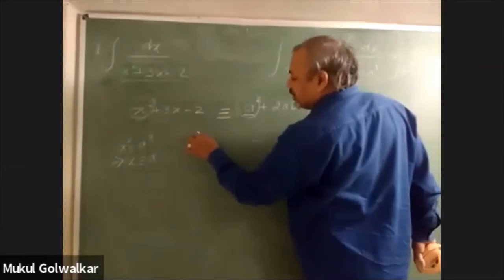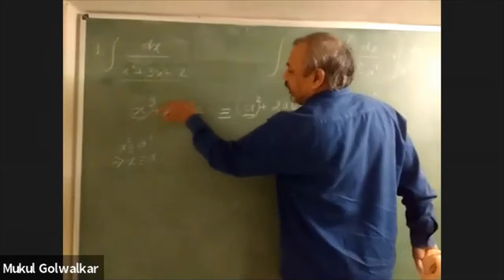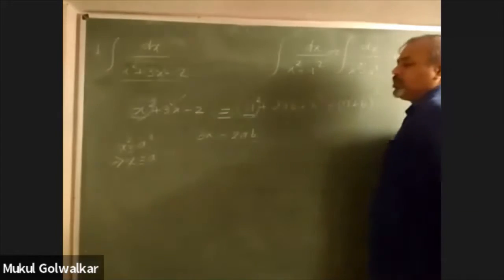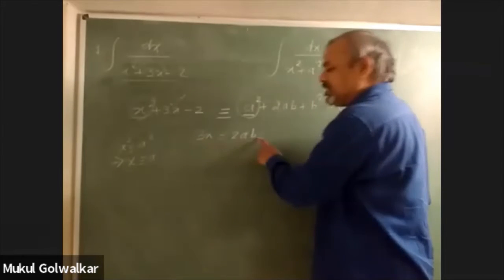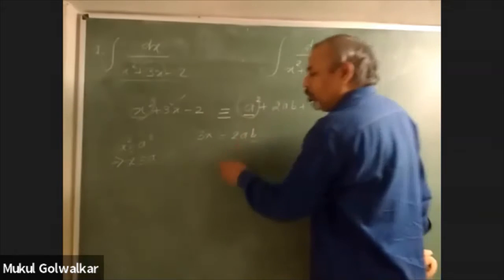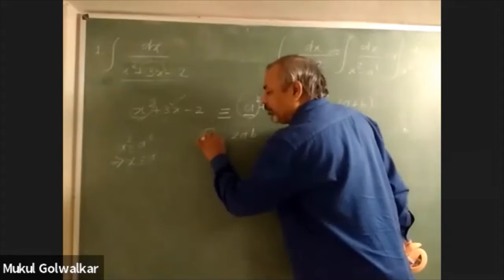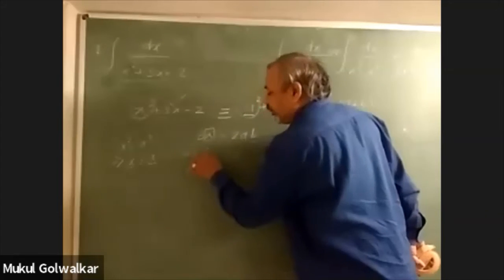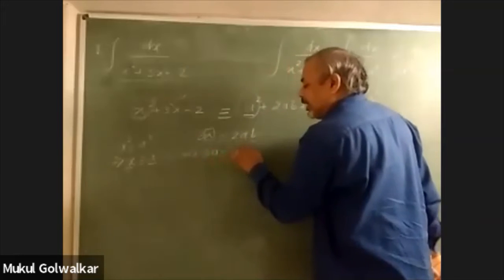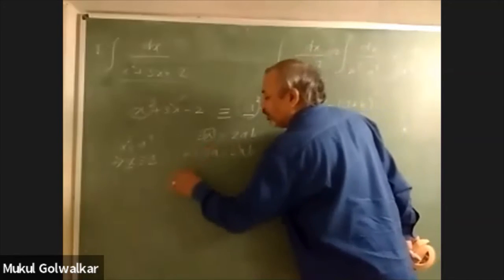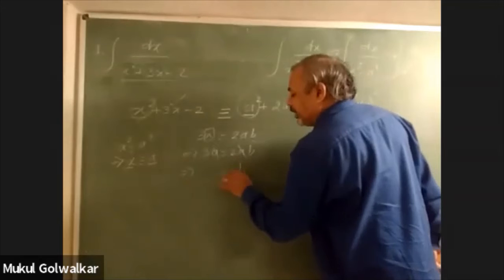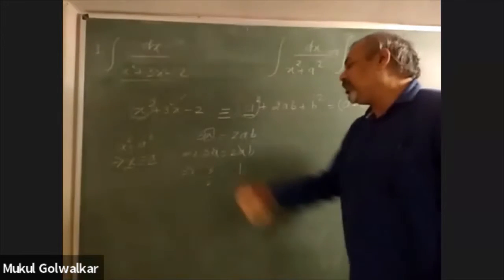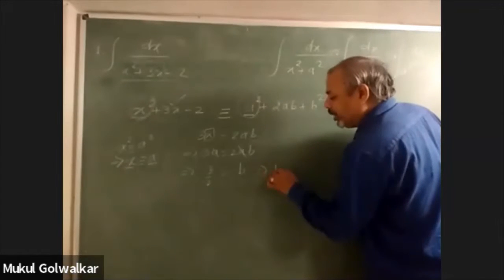The second comparison: this 3x is compared with twice ab. In place of x, we can put a, since x was equivalent to a. So 3a is equal to twice ab. So a can be cancelled out, and we write the value of b is equal to 3 upon 2. Correct? If b is equal to 3 upon 2, what will be the value of b square?